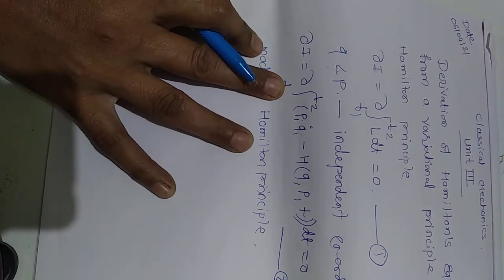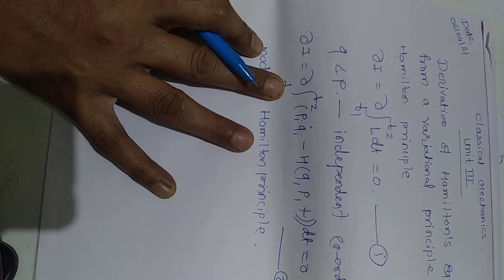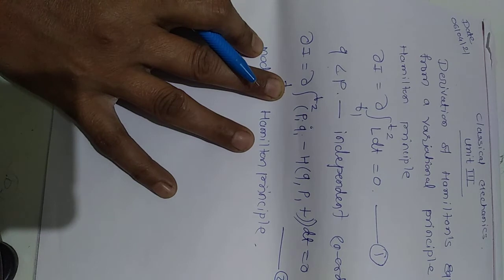Although it will be used most frequently in connection with the transformation theory, the main interest in it here is to show that the principle leads to Hamilton canonical equations of motion.